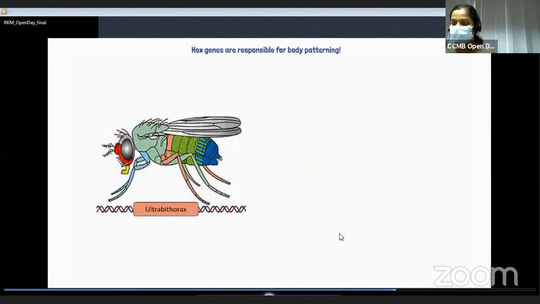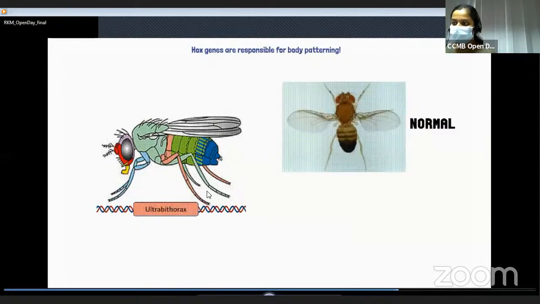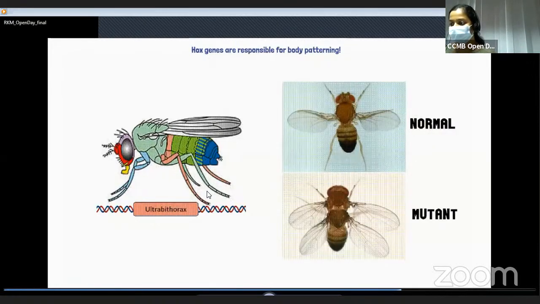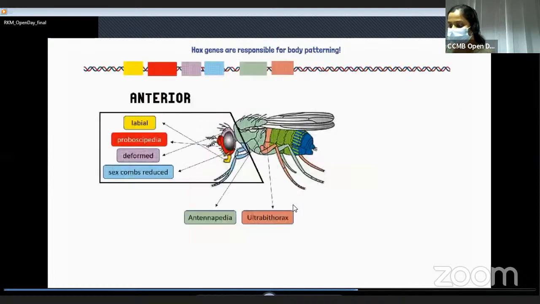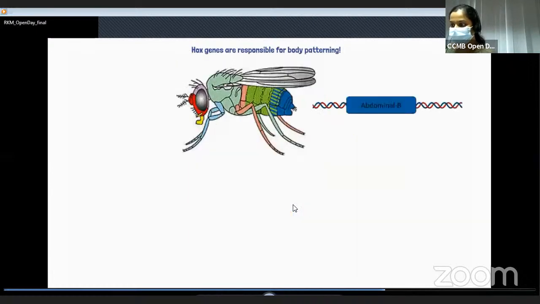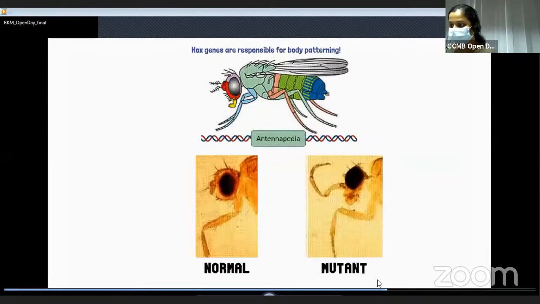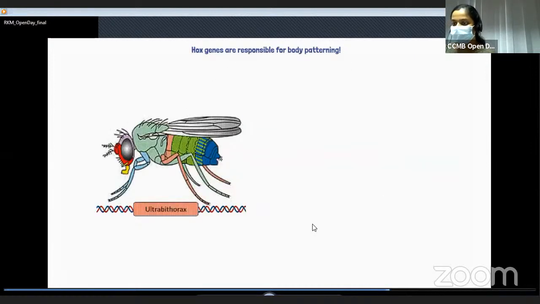Like the ultrabithorax. When this gene is messed with or mutated, we see that if a normal fly has one pair of wings, the fly with ultrabithorax mutation will now have two pairs of wings.